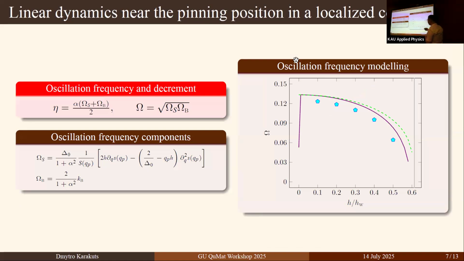We have studied oscillation frequency and decrement of oscillations near the pinning position. As you can see here, oscillation frequency has three main components. First of all, it's a combination of external magnetic field and cross-section gradient, a second derivative of cross-sectional area, and a combination between the second derivative and external magnetic field.